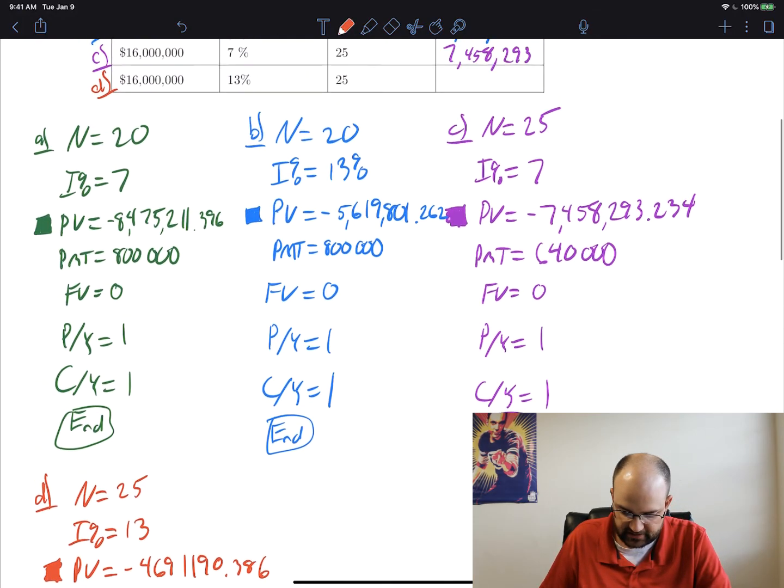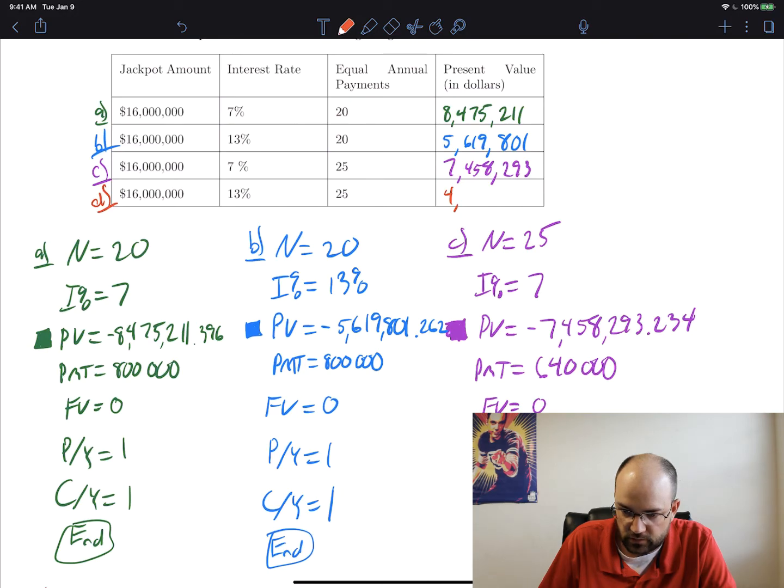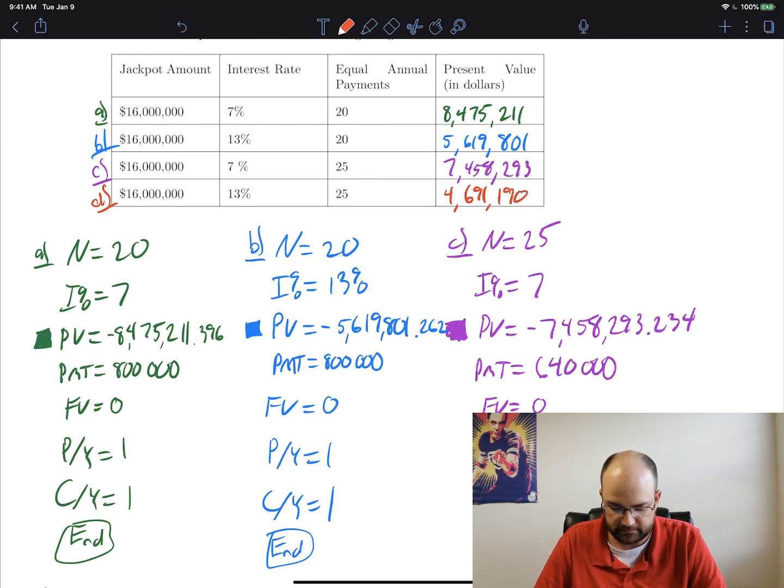Which of course means that the actual present value is $4,691,190. Awesome.